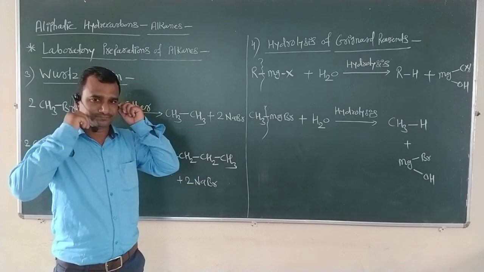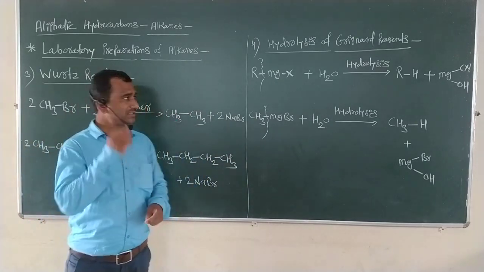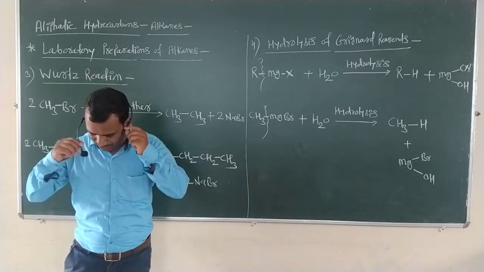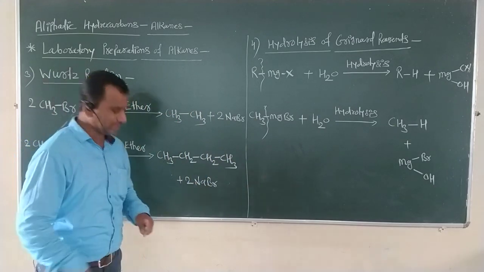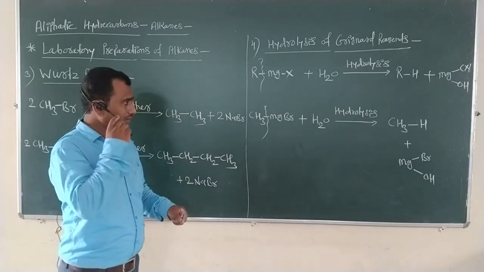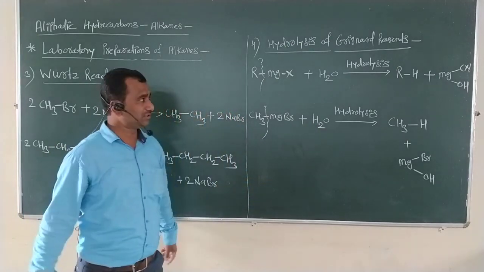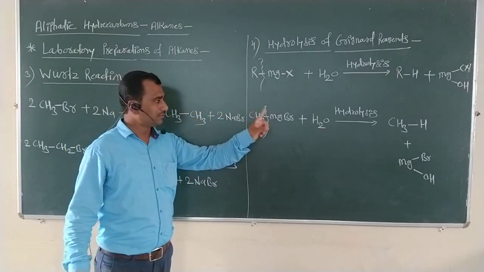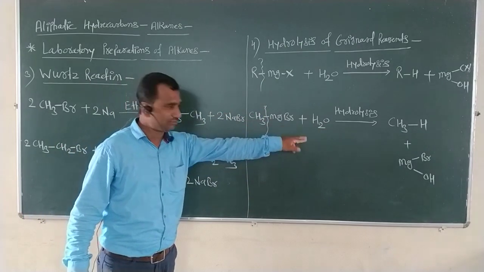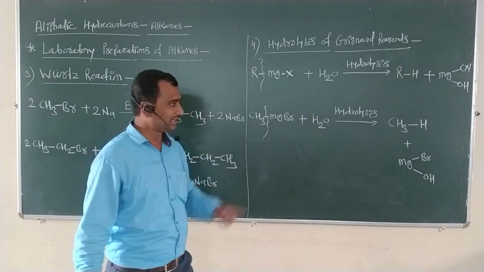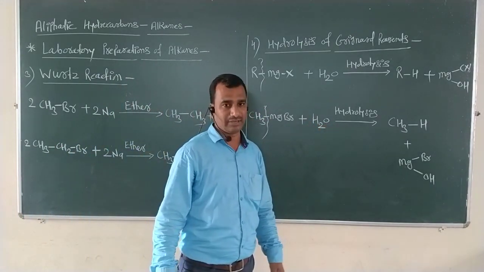So we can say that by using this fourth method we can form alkanes. Methyl magnesium bromide reacted with H2O, that is a hydrolysis process, gives methane as the main product.